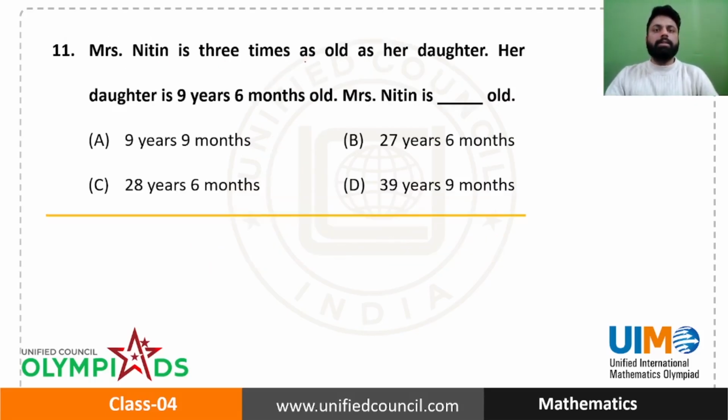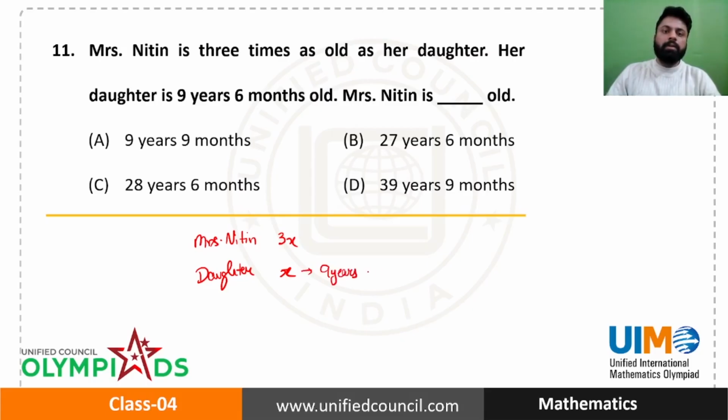Mrs. Nitin is 3 times as old as her daughter. If her daughter's age is X, then Mrs. Nitin's age is 3X. Her daughter is 9 years and 6 months old. We need to calculate the age of Mrs. Nitin.